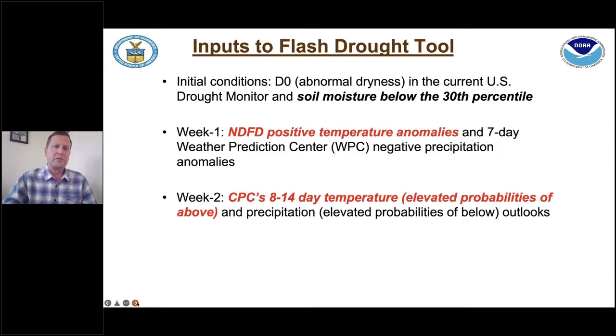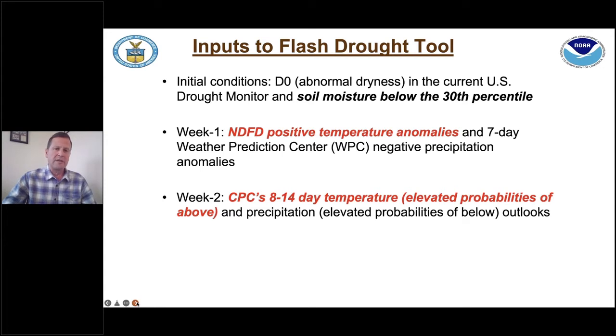So the inputs to this internal flash drought tool that we currently have going right now are initial conditions: abnormal dryness in the U.S. Drought Monitor, and soil moisture below the 30th percentile, and that's the CPC's leaky bucket modeled soil moisture. And then for our week 1 forecast, it would be the NDFD positive temperature anomalies and negative precipitation anomalies from the Weather Prediction Center during the next week.